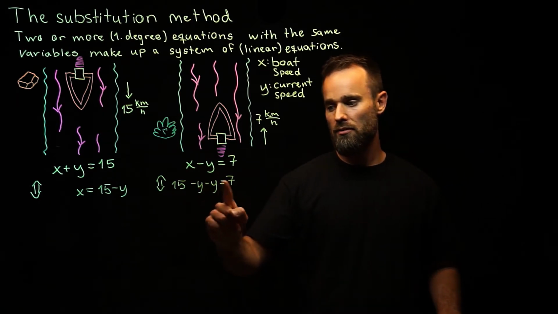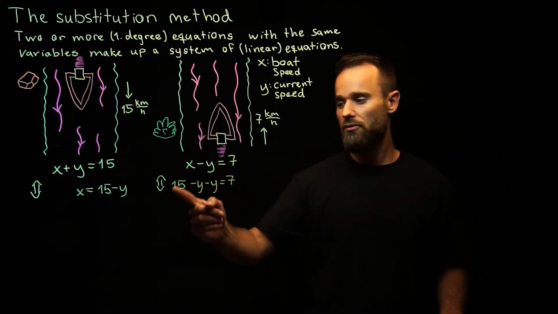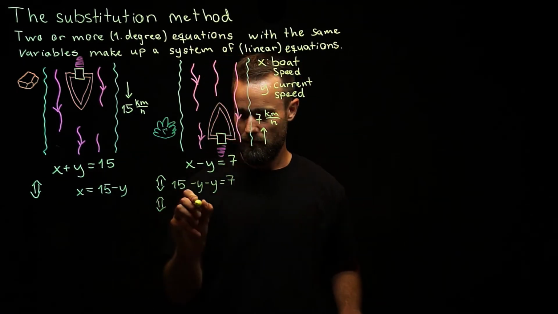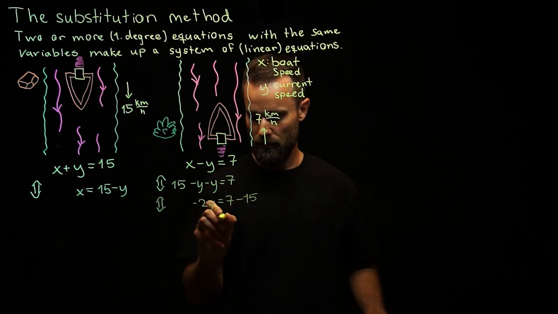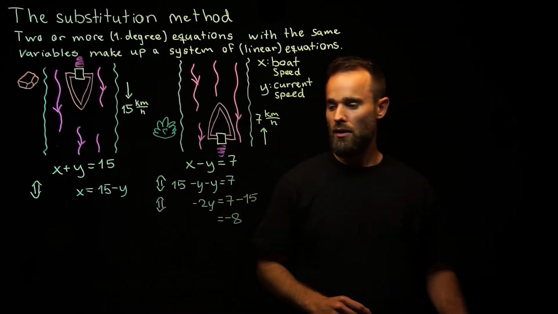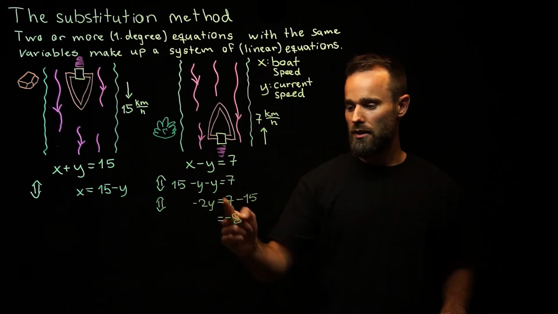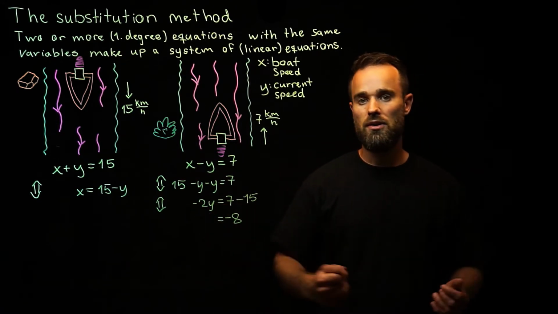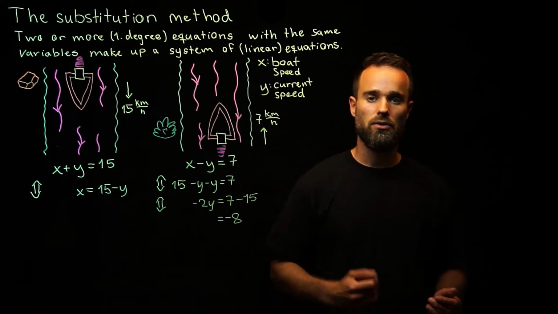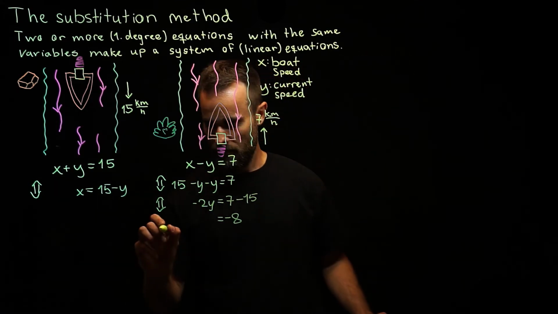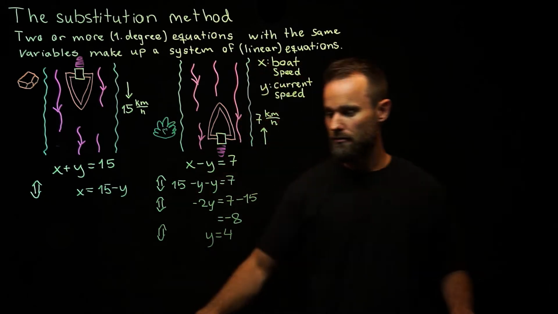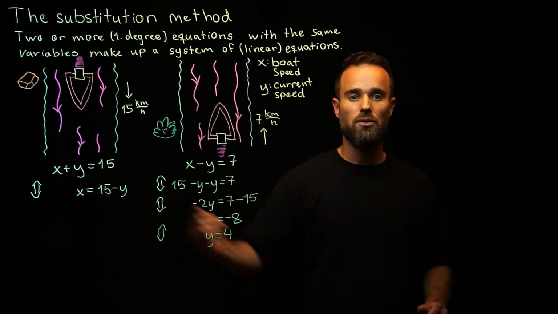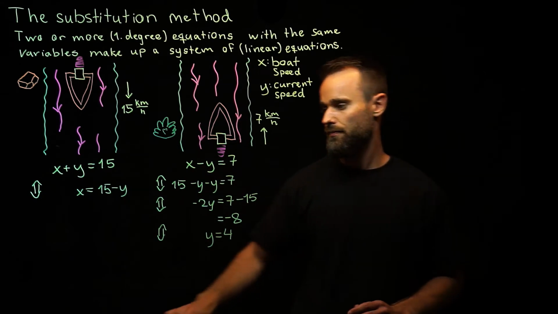This gives negative 2y, and let's move 15 over to the other side. Negative 2y equals negative 8, and dividing by negative 2 on both sides gives y equals 4. Which we now substitute into the first equation to find x.